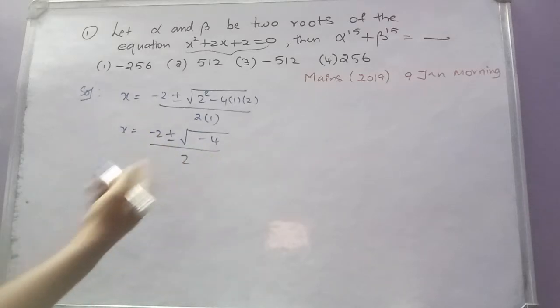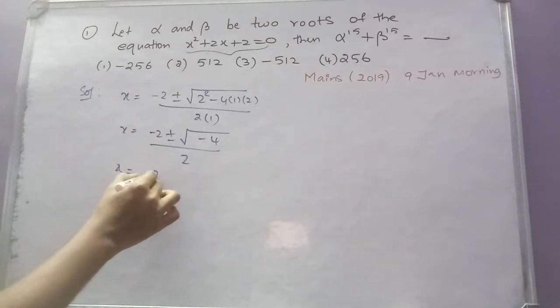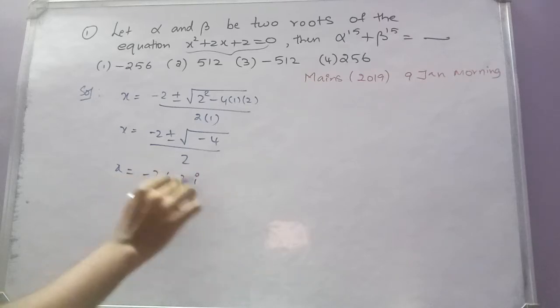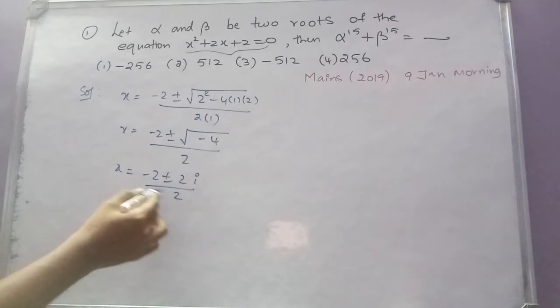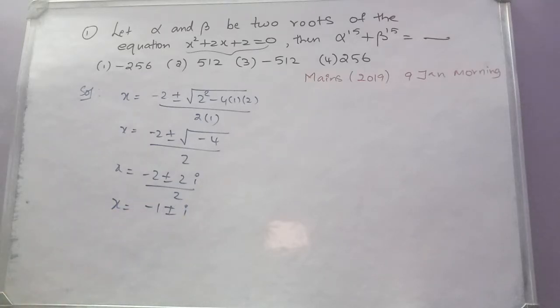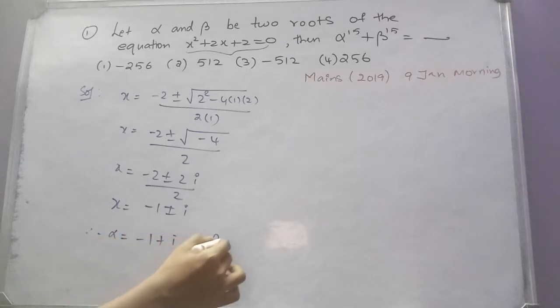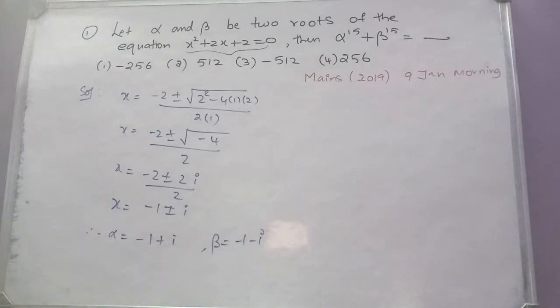So root over minus 4 is nothing but root 4 into root over minus 1. That means it is 2i. So therefore x is equal to, if you take the common denominator separately, you will get minus 1 plus or minus i. So the two roots are what? Therefore the first root is minus 1 plus i and the second root is minus 1 minus i.